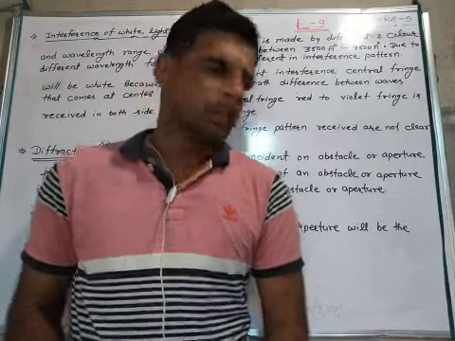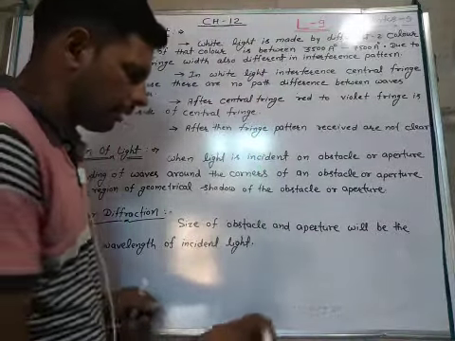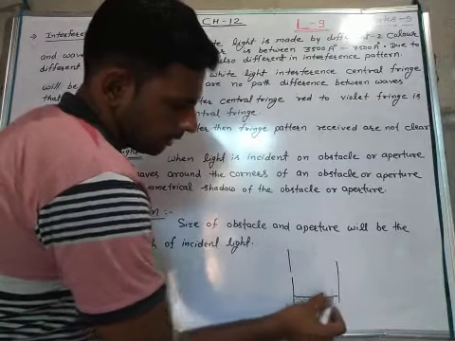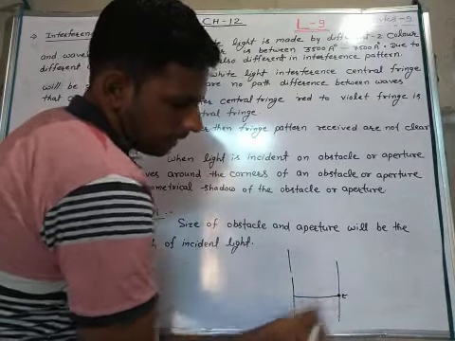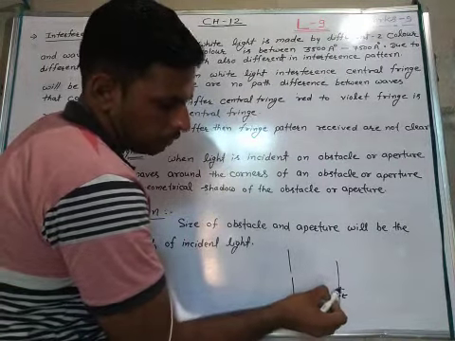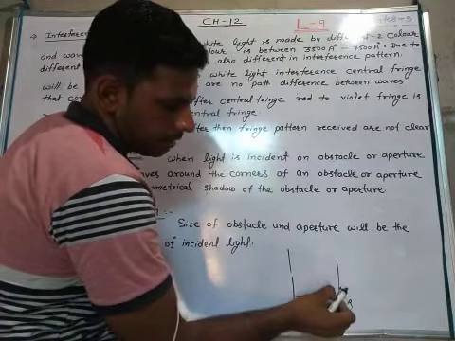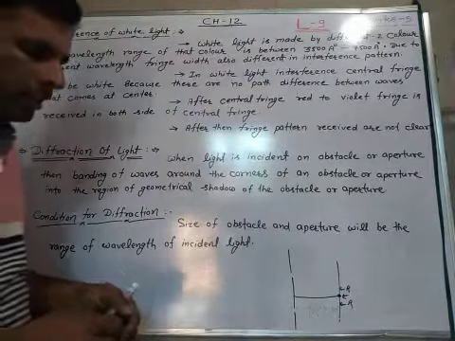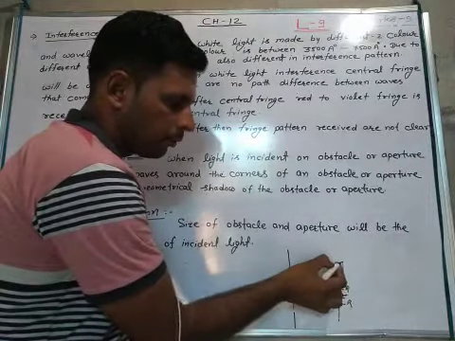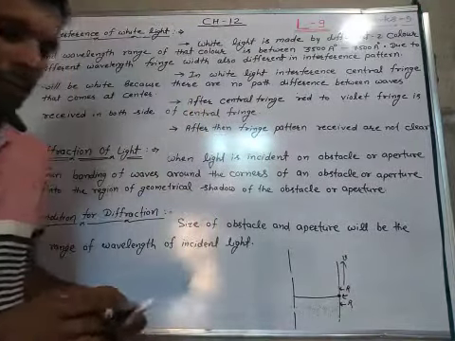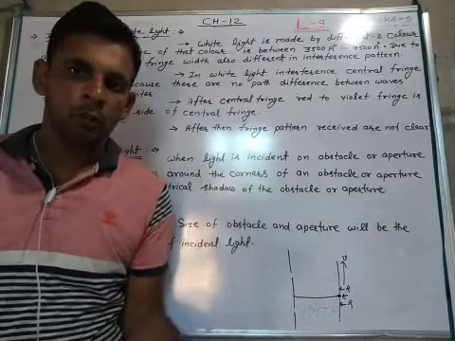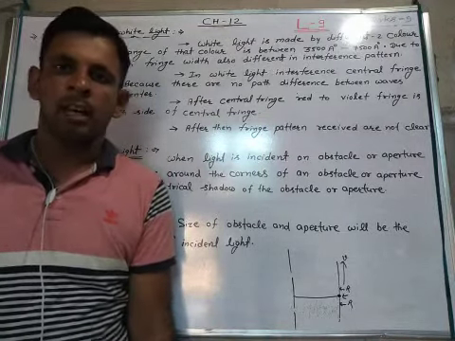Let me explain with a diagram. This is the center, and at the center there is a white fringe. After that, on both sides of the center, there will be a red fringe, and then fringes from red to violet. So after the central fringe, on both sides, red to violet fringes are received.